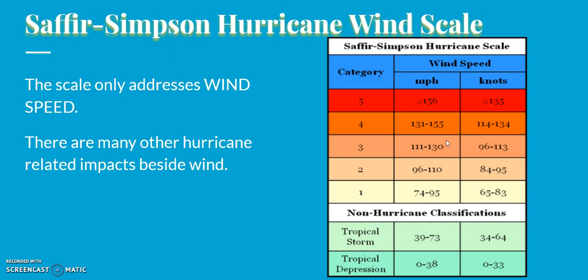If it is at least 111 miles per hour, meaning it's at least a Category 3. 3s, 4s, and 5s are classified as major hurricanes because they really have some potential to do widespread damage. But again, the winds don't always indicate how much damage you're going to get. So that's an important thing to keep in mind.